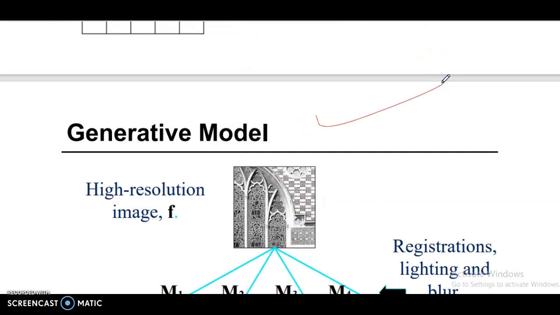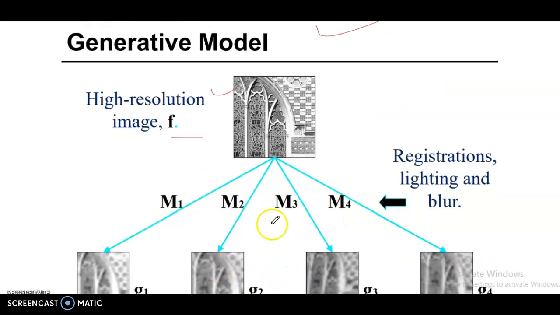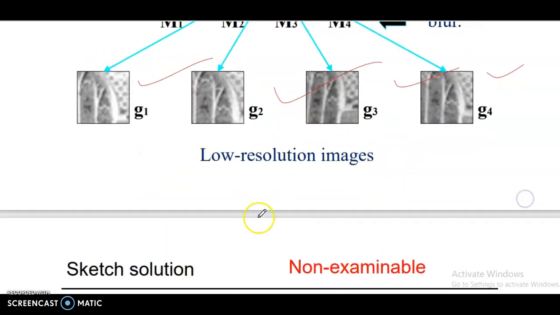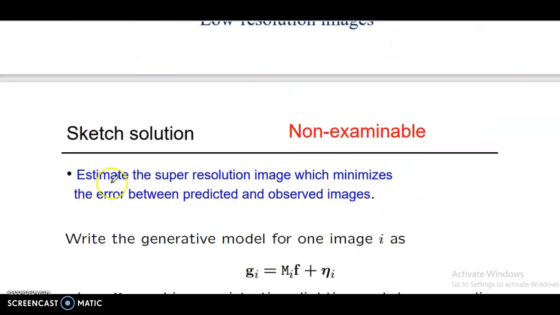Generative model. High resolution image F. From here, M1, M2, M3, M4 represent registration, lighting and blur, giving G1, G2, G3, G4, the low resolution images.